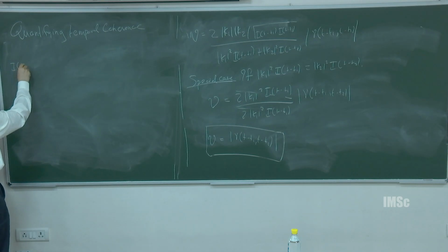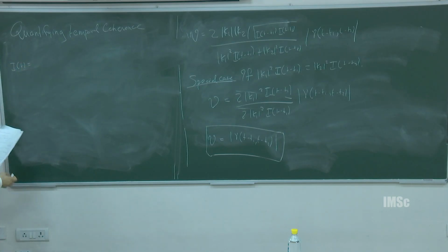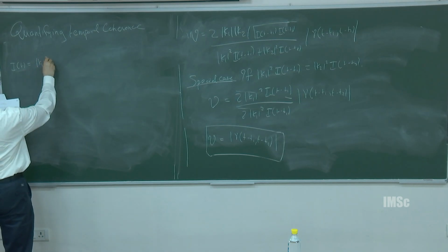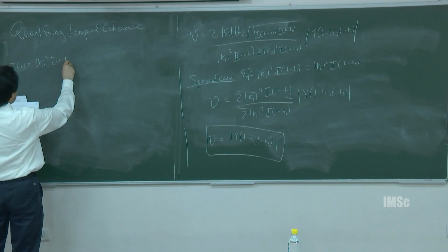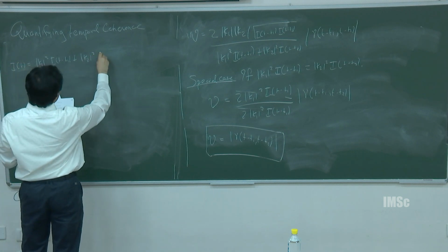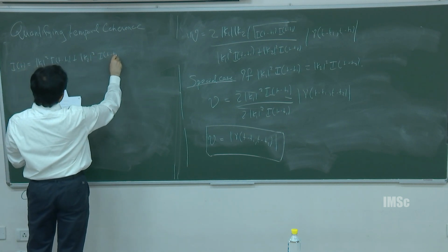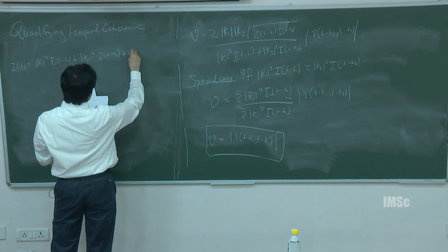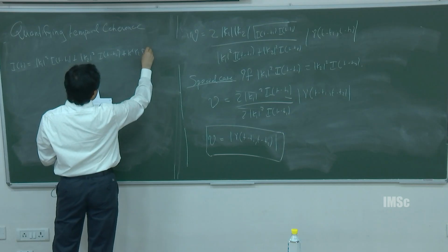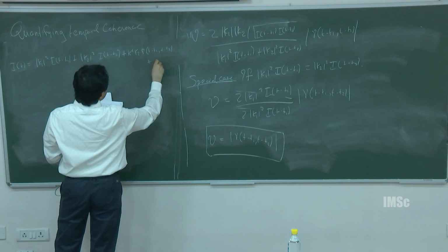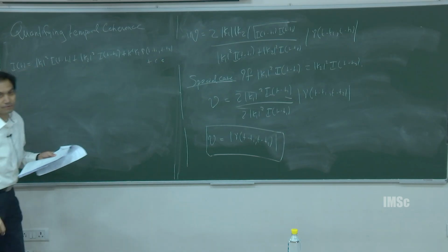So once again we'll just write down the result. Plus CC. CC stands for complex conjugate.